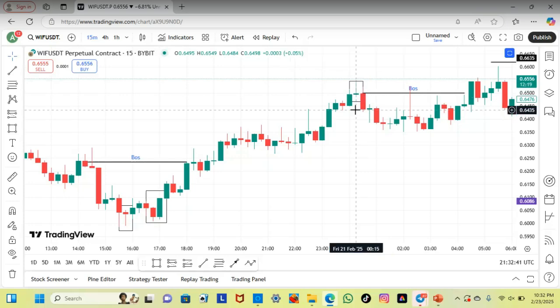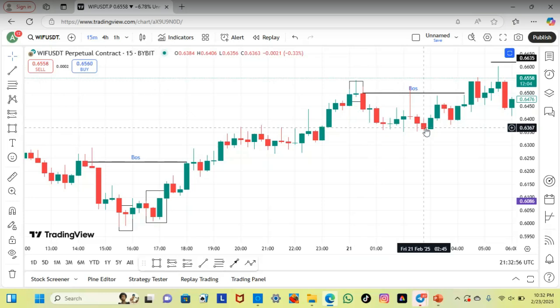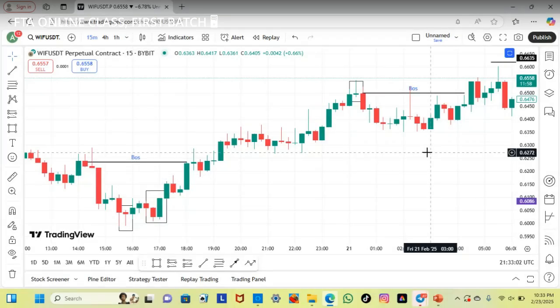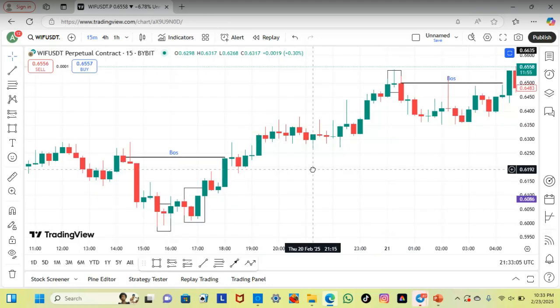A long-legged doji that the body is at the bottom. And after this long-legged doji, there was a little reversal. There was a pullback to the downside before the market started taking shape to the upside again. So you have seen this pattern here on the charts.